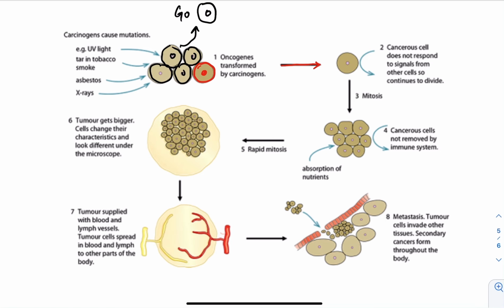The Malpighian cells or the stem cells in the skin respond to these cell signals, and they stop dividing or they continue dividing depending upon the cell signals. But this mutated cell will fail to respond to the chemical signals and it continues to divide. So it produces a mass of undifferentiated cells.